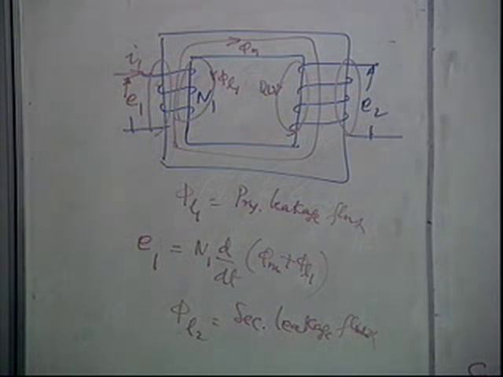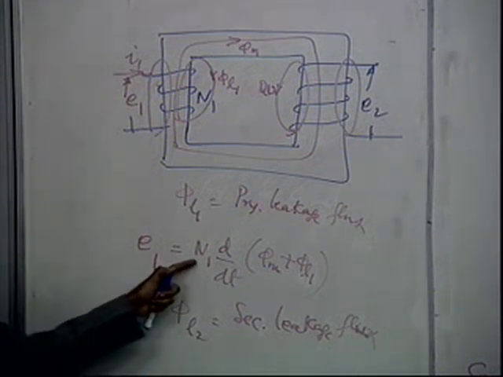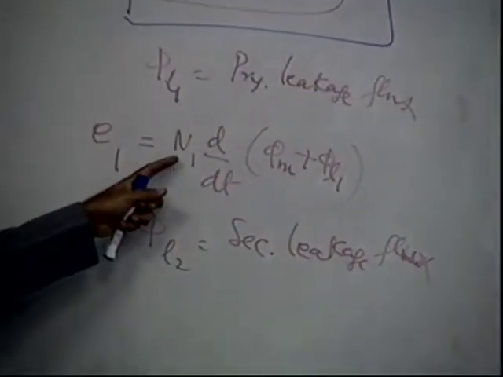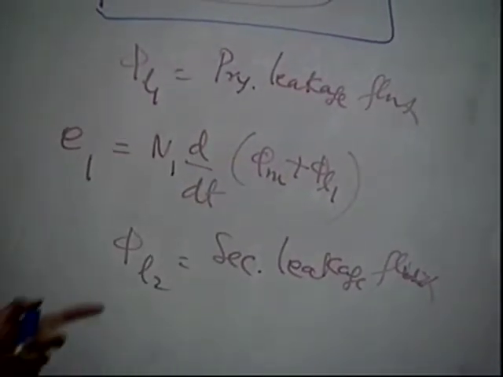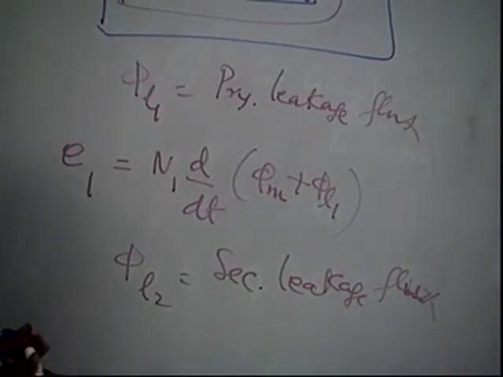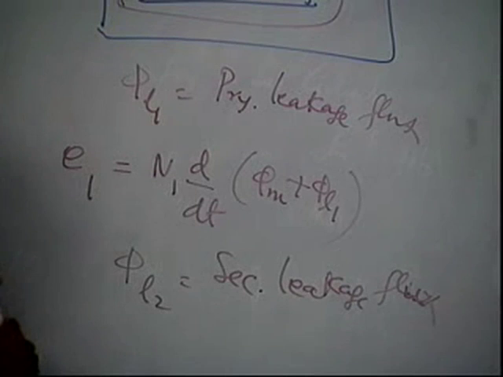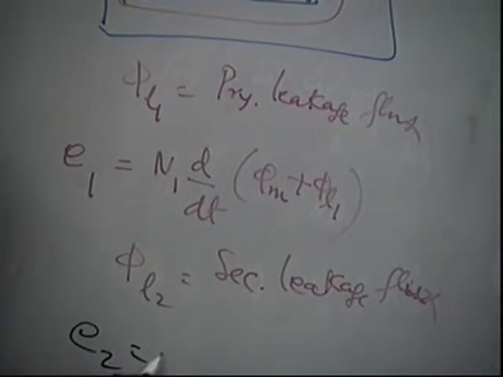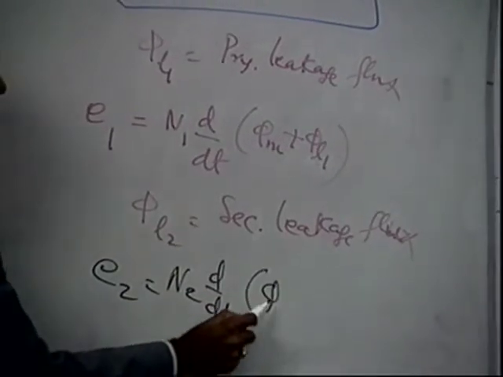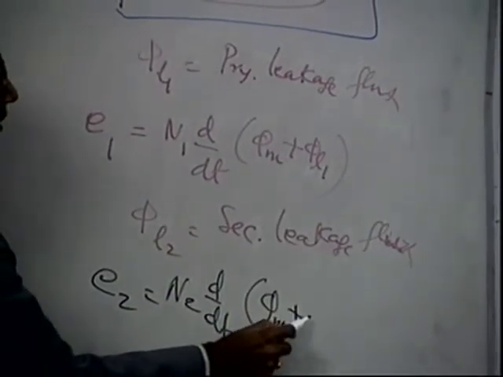Now we can define this. E1 is equal to N1 d by dt of phi m plus phi L1, and similarly E2 on the other side will be N2 d by dt of phi m plus phi L2.